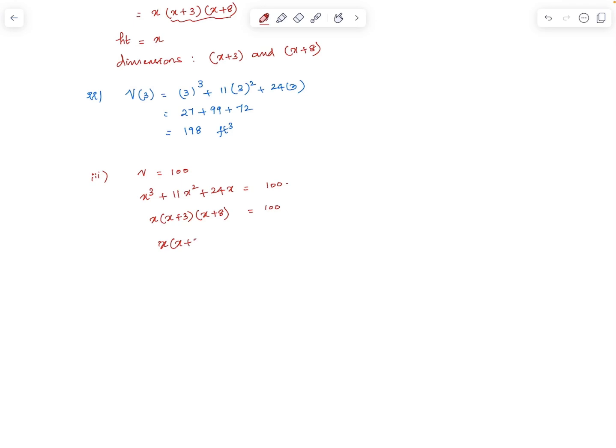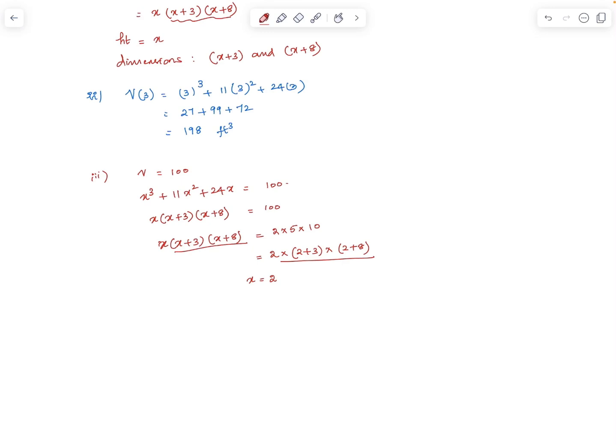Now 100 can be rewritten as 2 times 5 times 10, that is 2 times 2 plus 3 times 2 plus 8. So the right hand side is exactly written in the pattern of the LHS. Comparing the LHS and the RHS, we can come to a decision that x is equal to 2. For volume equal to 100 feet cube, height is 2 feet.